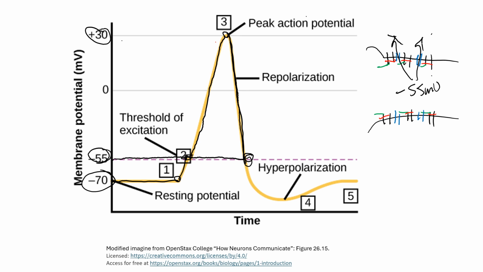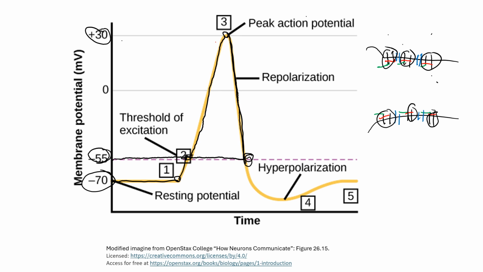And the reason for that is because the inactivation gates on the voltage-gated sodium channels are closed. And the inactivation gates on the voltage-gated sodium channels don't open under a threshold voltage.